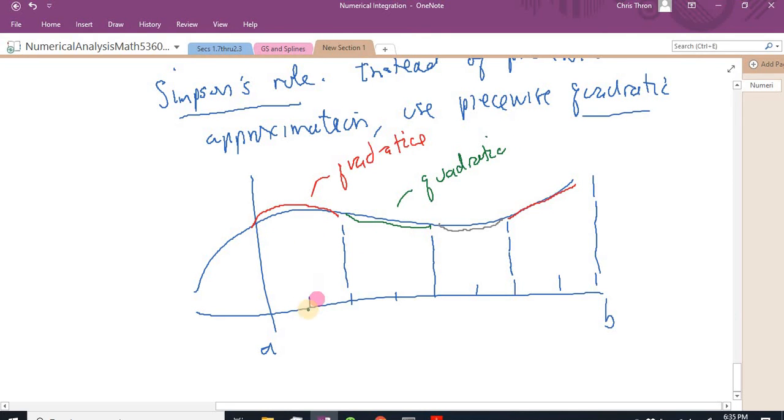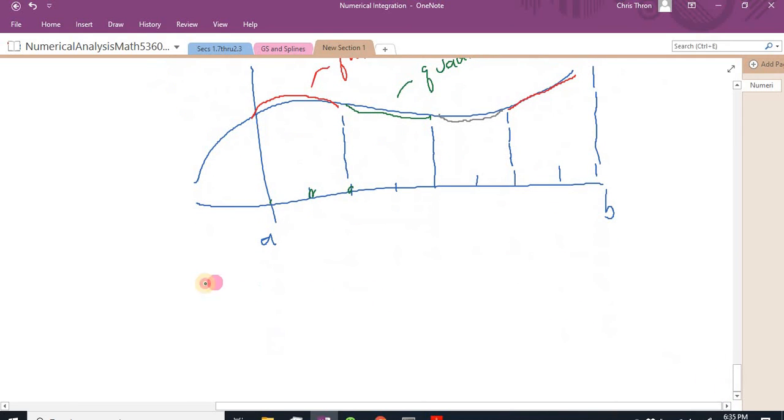So for every two nodes, you have a quadratic piece.